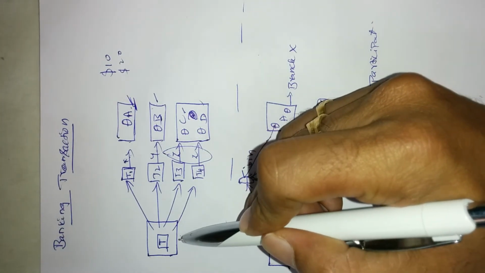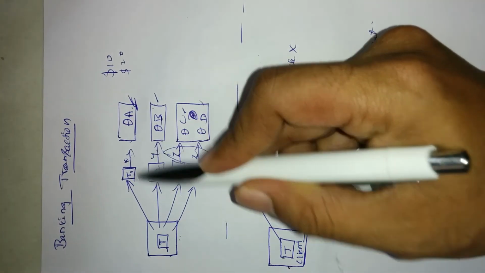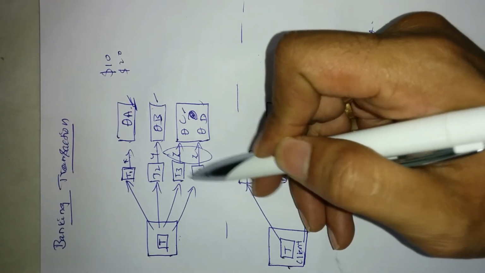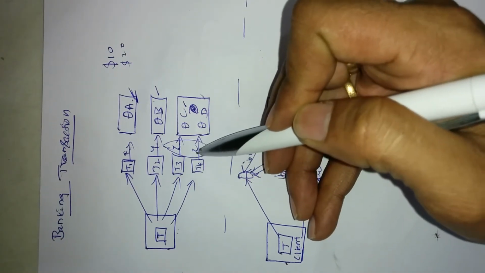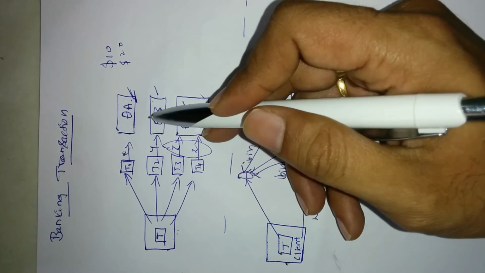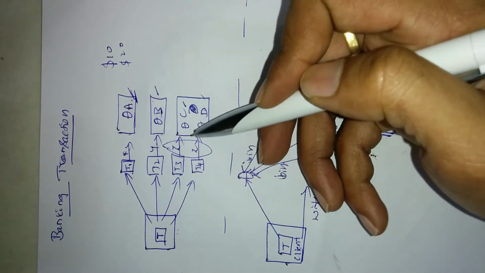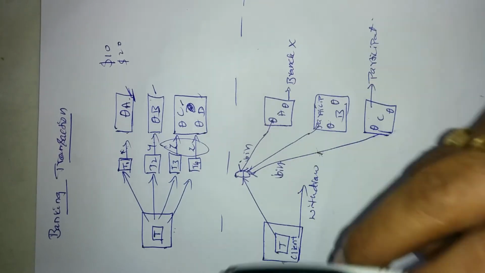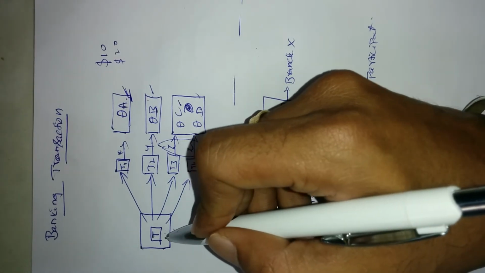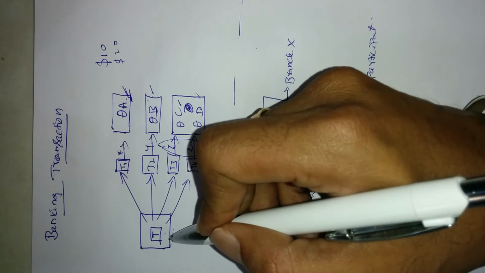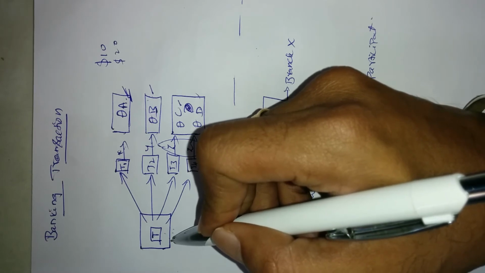The T is the client, and it transfers to the X server, and Y is another server, and Z is where T3 and T4 are transferred. From A and B, rupees 10 and 20 are withdrawn, and simultaneously we deposit to C and D. Now T indicates open transaction, and then open sub-transaction.